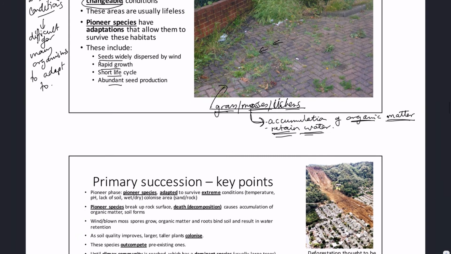And what that does is it has changed the abiotic conditions. And now we might have abiotic conditions that some other species are adapted to, whereas they weren't previously. Okay?